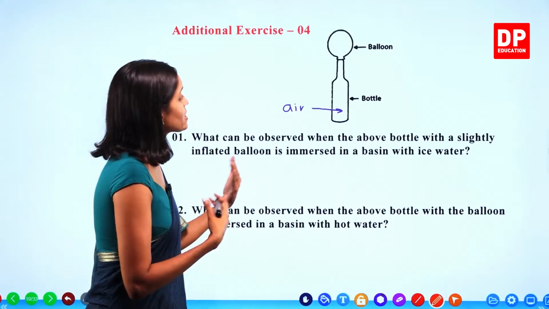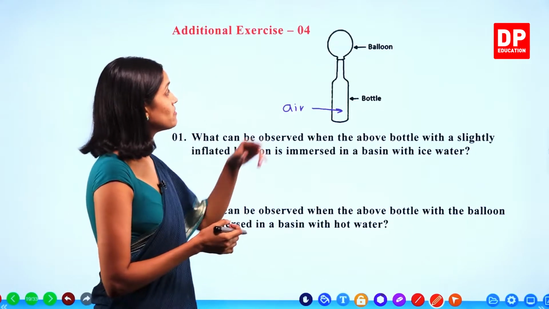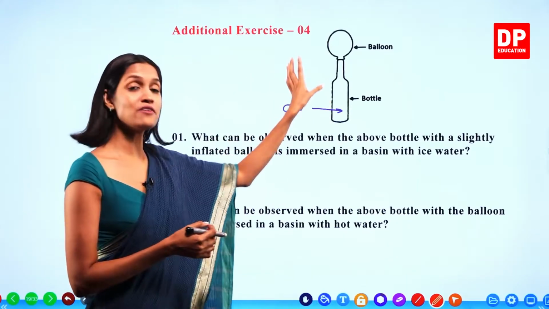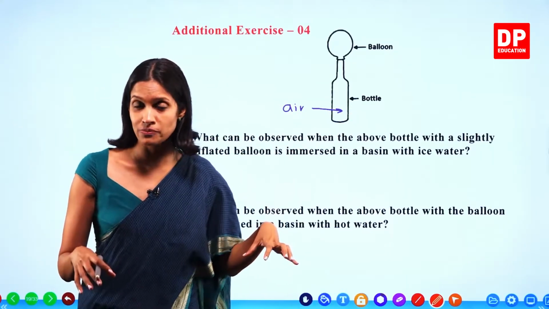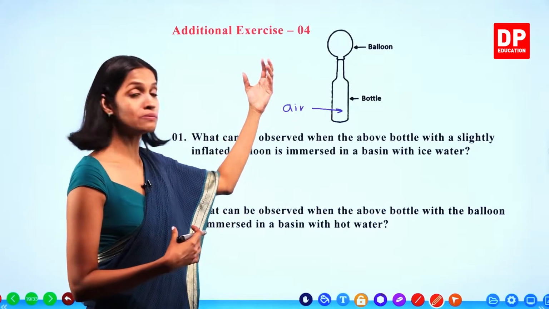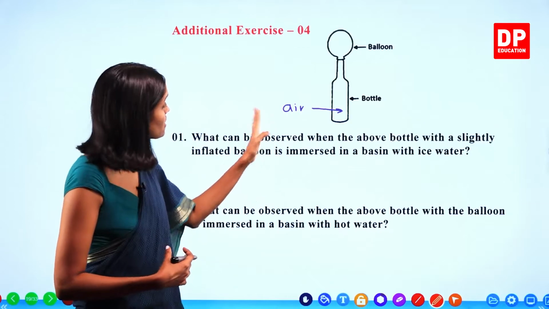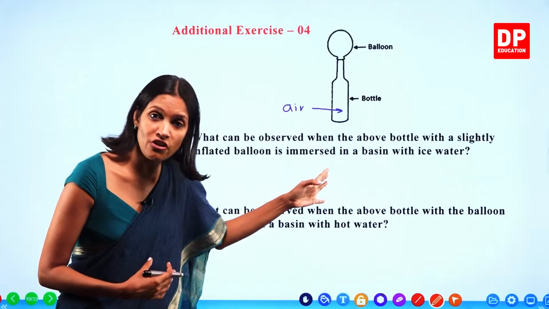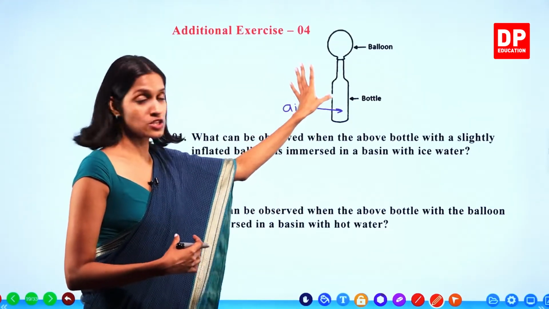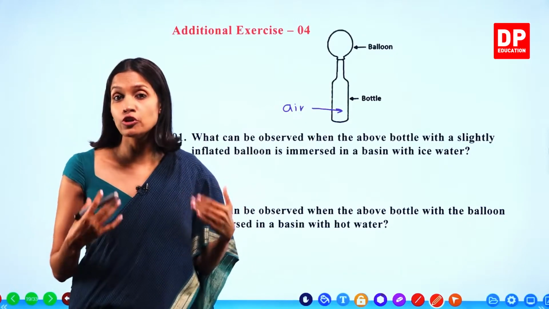We did the same activity in a different way. Do you remember we fixed a balloon to an empty bottle and we immersed this bottle in a hot water beaker? What happened to the balloon? The balloon inflates. Right? There what happens, children? Because of absorption of heat, the air expands, which means its volume increases.